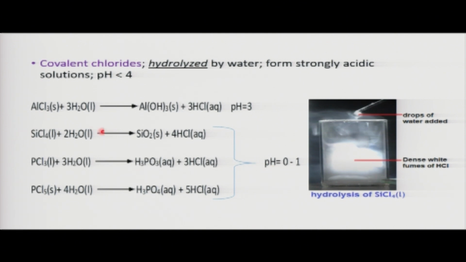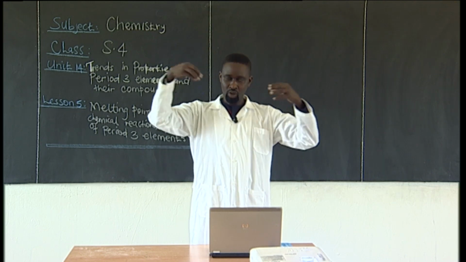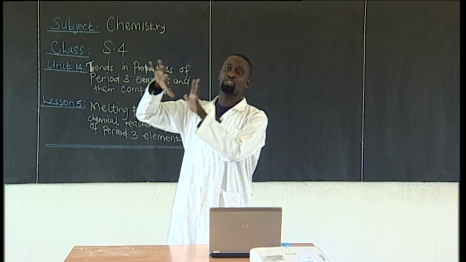But basically, when you hydrolyze these chlorides, as you see my highlighter, you're producing dense white fumes. It is normally seen, and making the solution acidic. So you see a slight difference in here. Covalent chlorides are hydrolyzed. They react when you add them in water, giving different products.